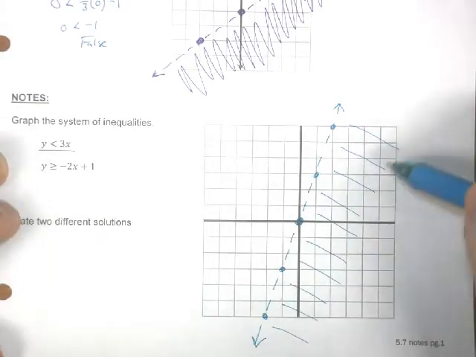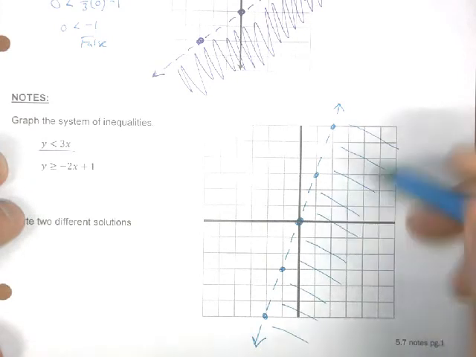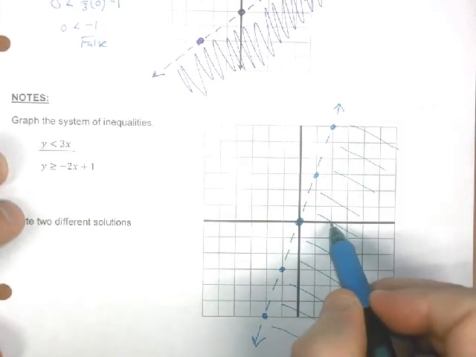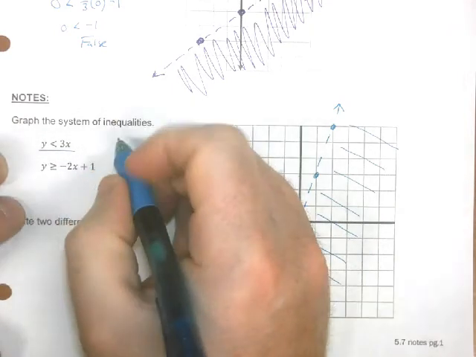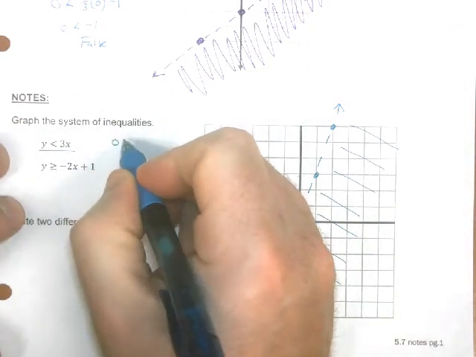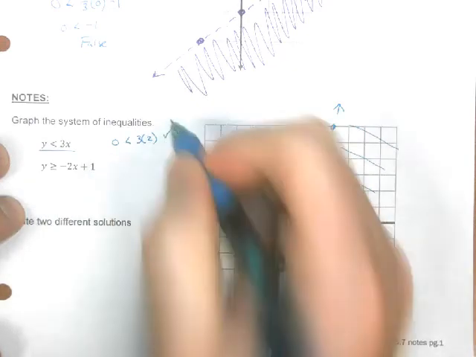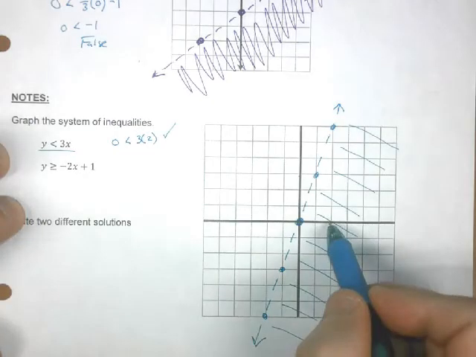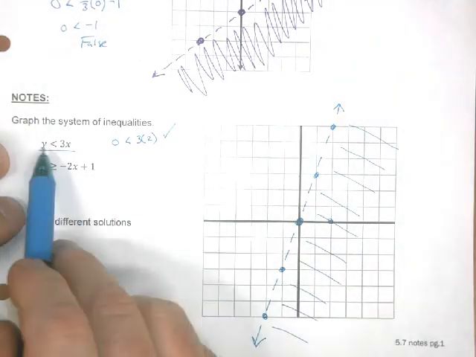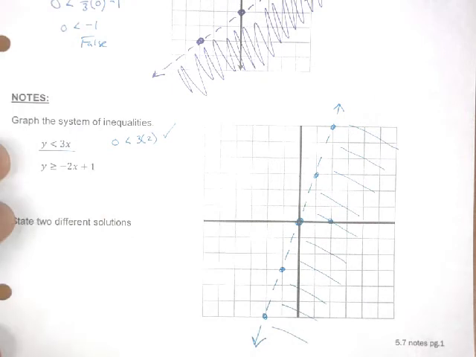All right, but let's test it, make sure that it does work. So let's pick a point. We have 2, 0, which is one of our solutions. Let's see if that works. So 0 is less than 3 times 2, and yes, that does work. So I tested that point, and that works for my blue one.